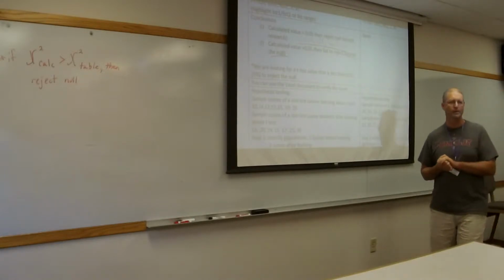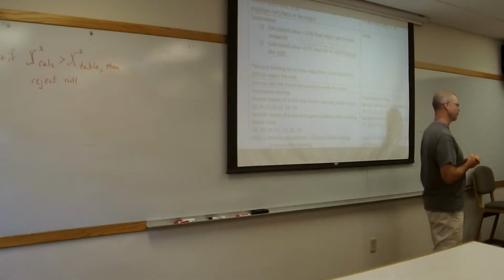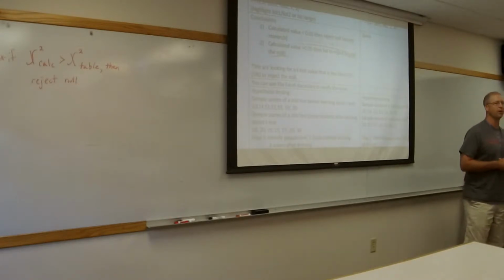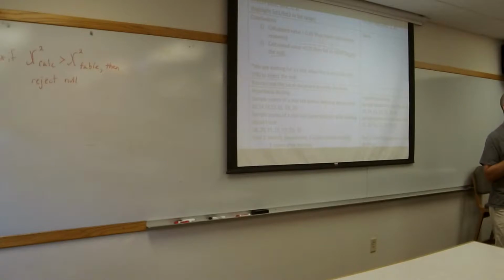You may work with somebody, no more than a group of three. You may work together on the final, but if you're going to do that, you need to work together on the whole thing, not do the whole final and then compare answers, because then the person who knows what they're doing basically just gives the answers to the other person.